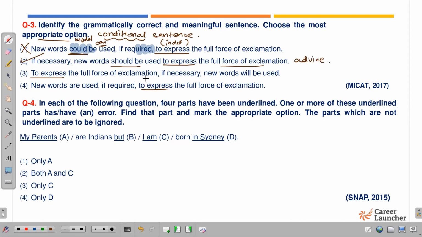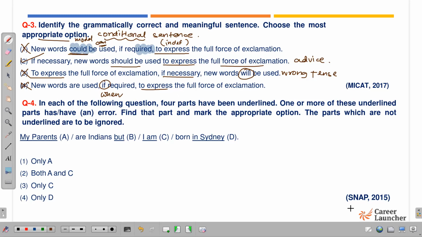If necessary, new words will be used. Oh, wrong. It's not future, wrong tense. New words are used if required to express the full force. I think if required, new words are used when required. So word inconsistency. I think therefore the second becomes the correct answer.